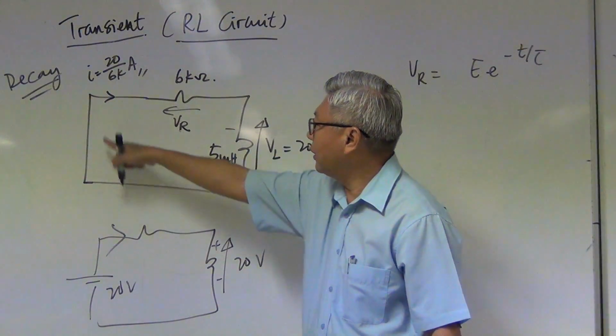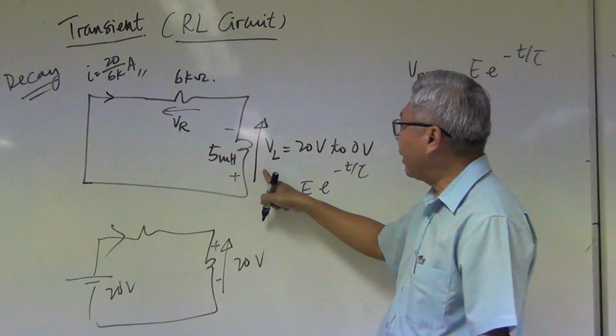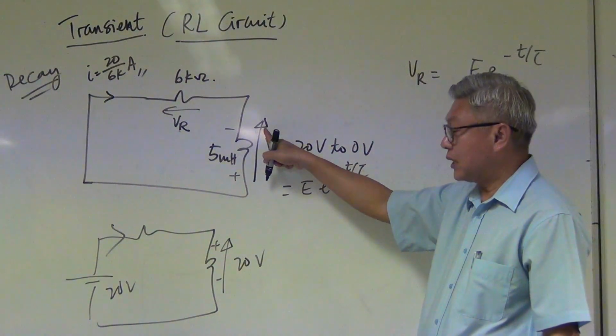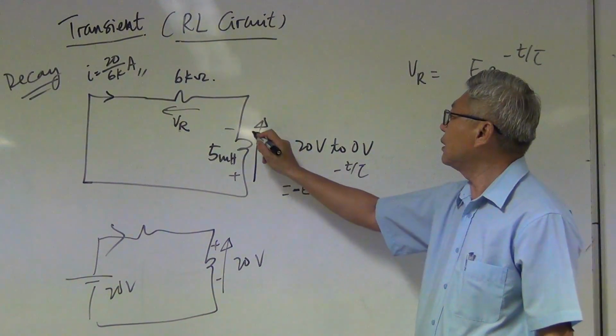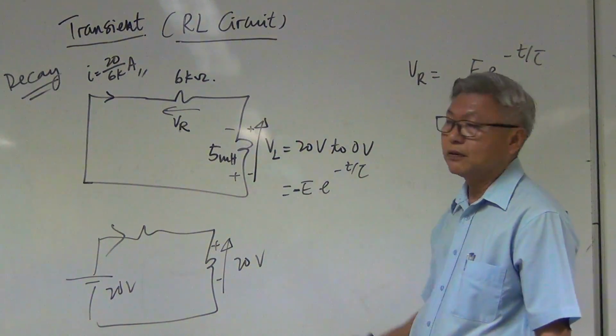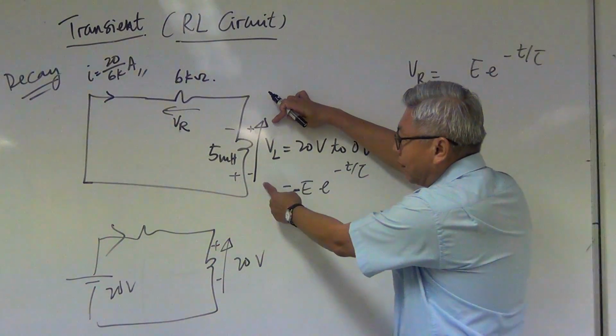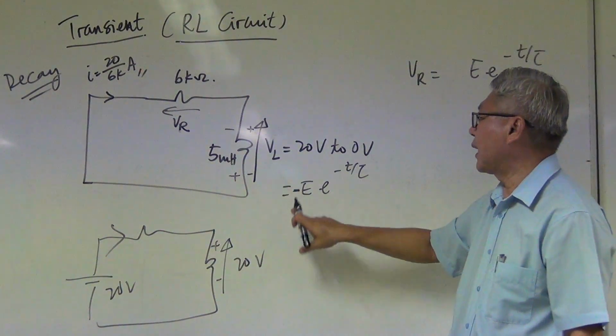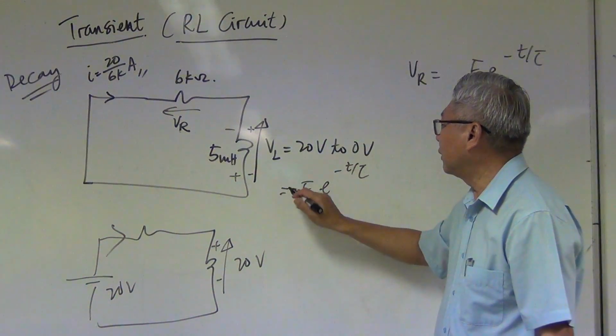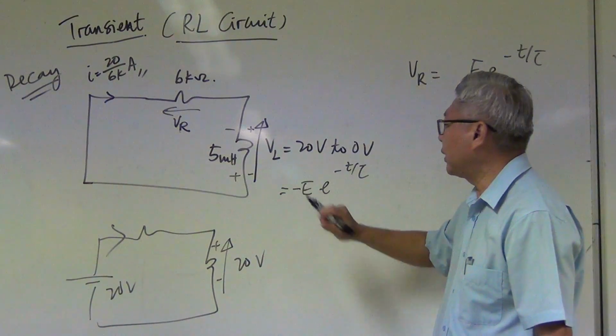Current flows from positive to negative. But if I maintain my VL arrow this way, don't you think I need to put a negative sign? Because arrowhead represents positive. So the way that I want to measure my VL is the opposite of the actual. So I should put a negative sign. So the expression for VL, when in the decay phase, you have to put a negative value here.